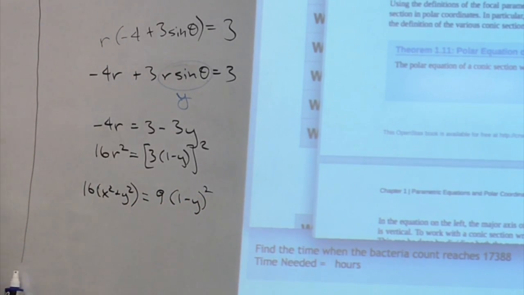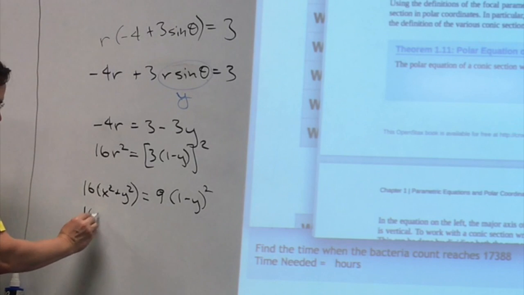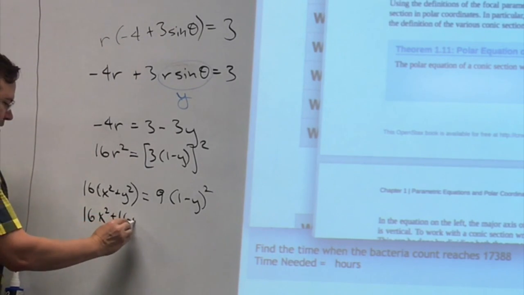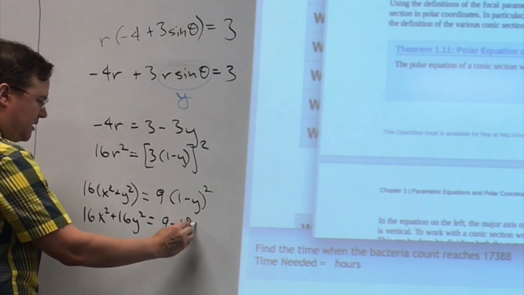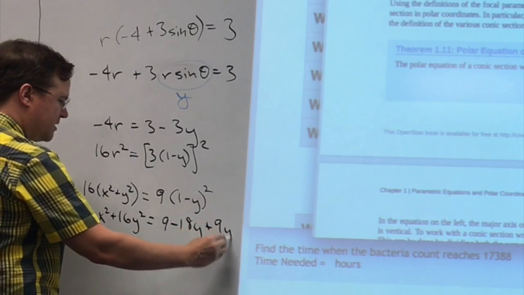At this point, I'm going to have to distribute. But I can now see that I have 16x squared plus 16y squared equals 9 minus 18y plus 9y squared.